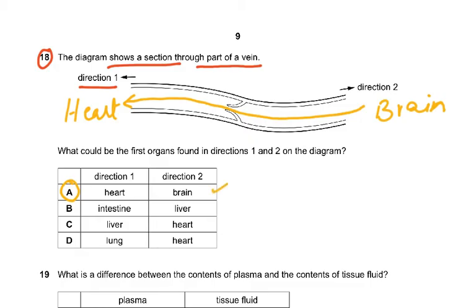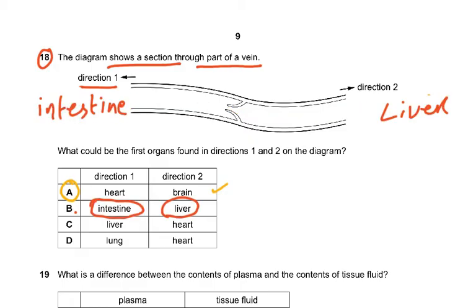But then let's look at the wrong ones, because I want you to understand why B, C, and D are wrong. Let's look at why B is wrong. It says direction 2 is liver and direction 1 is intestine. Now there is no blood vessel which is a vein which connects the liver to the intestine. It's the other way around.